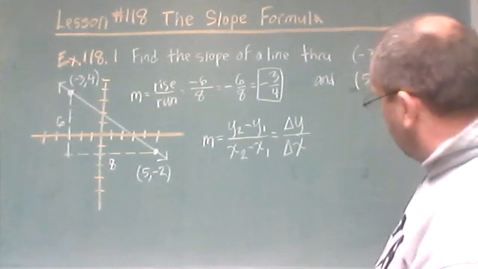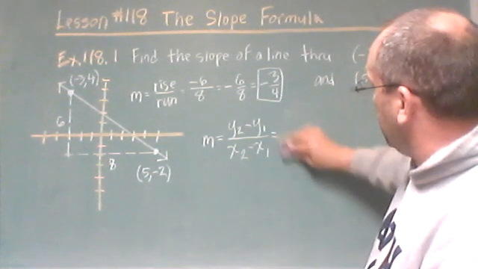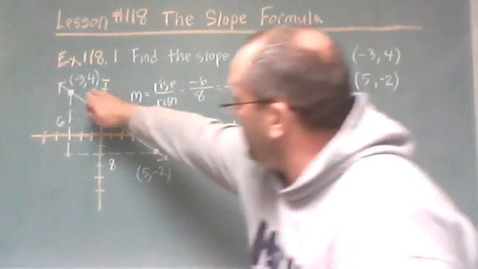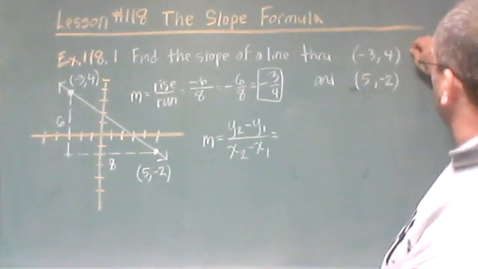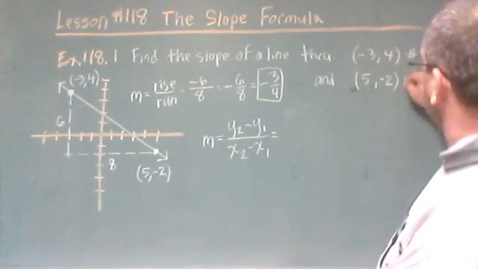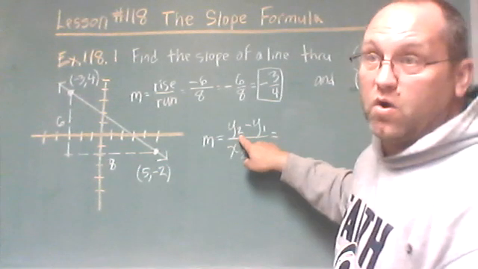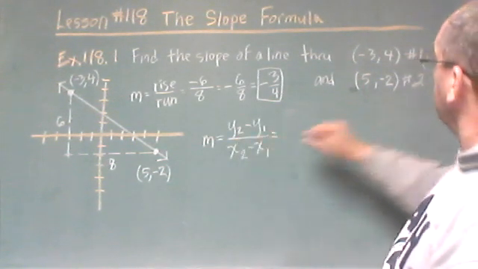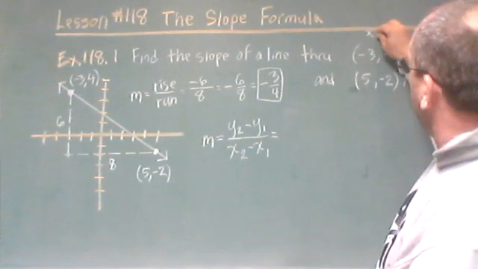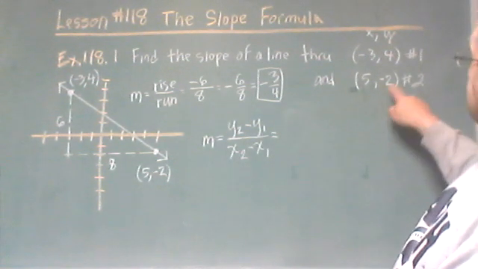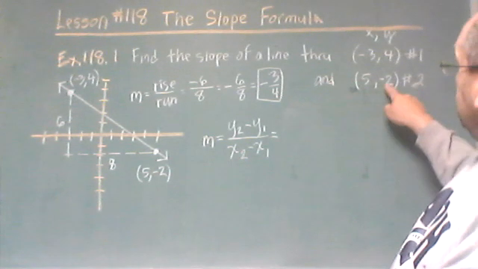Okay? Now, let's use this slope formula they've given us, and let's use this point over here from left to right as point number 1, and this one as point number 2. Okay, so what is my y coordinate for point 1? And let's put these up here. This is my x, this is my y. My y coordinate for point number 2 is -2.